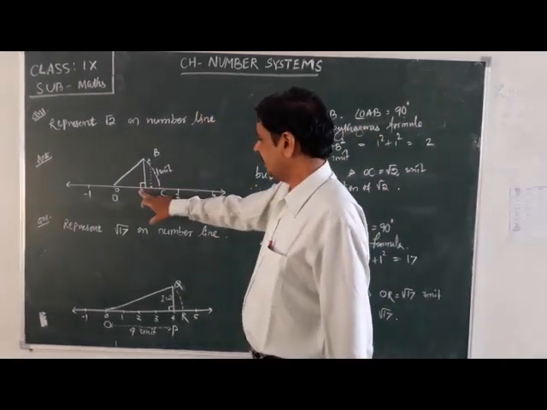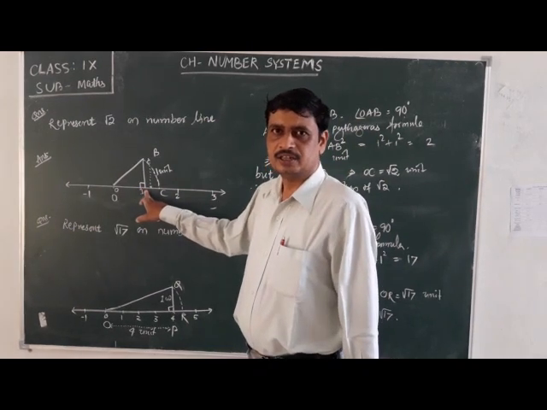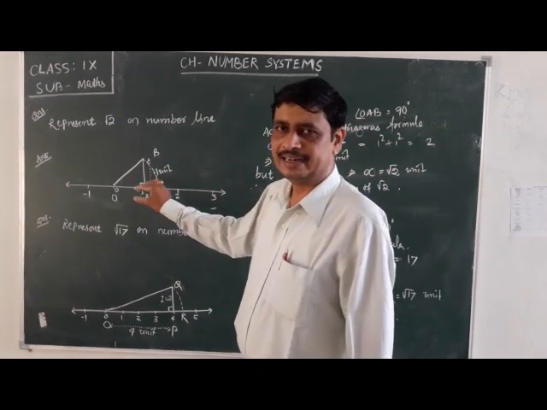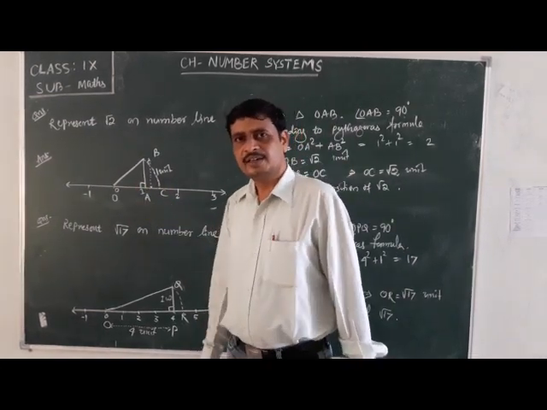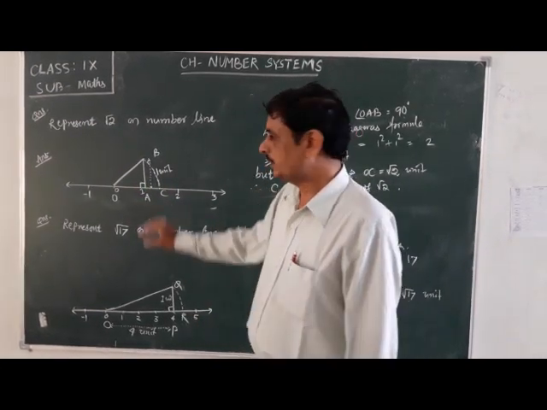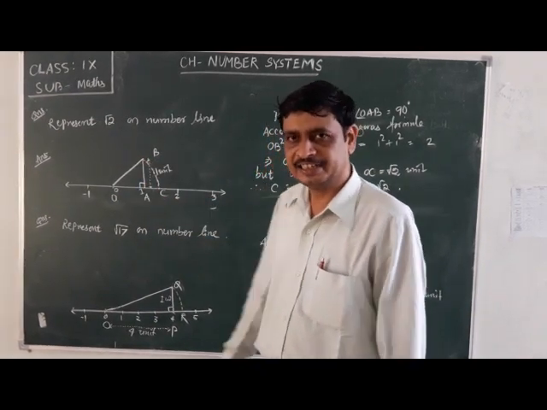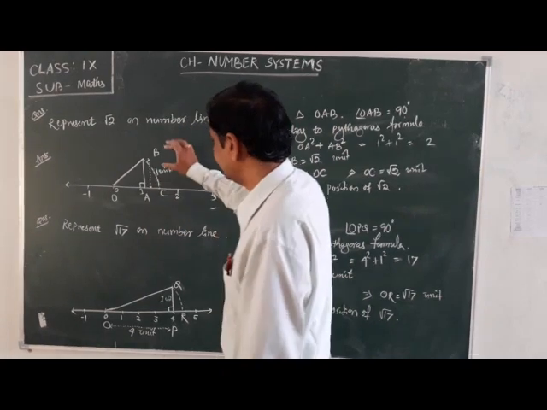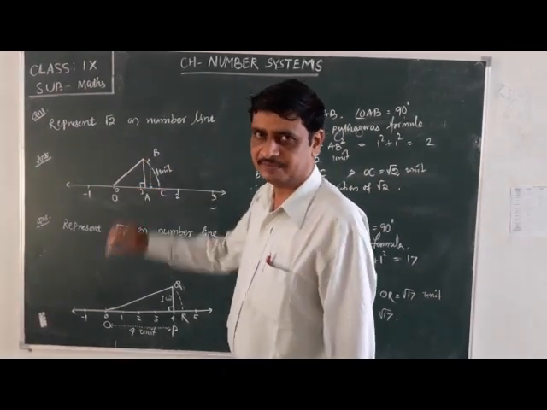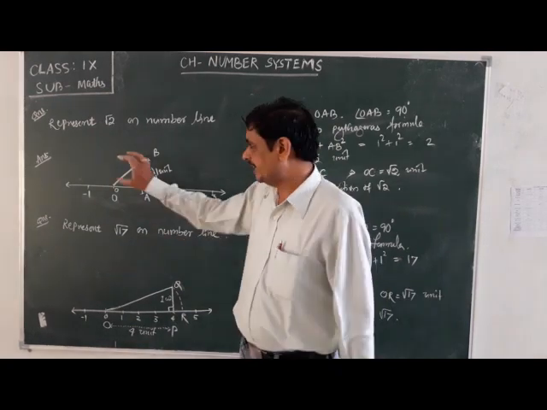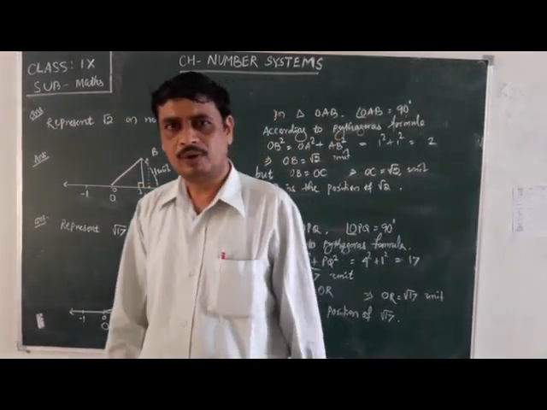Now at the point A, where it is marked as 1, we have to draw a perpendicular. Perpendicular means it subtends 90 degrees. The perpendicular AB is drawn and its length is again 1 unit.